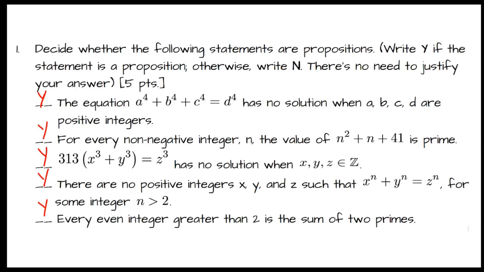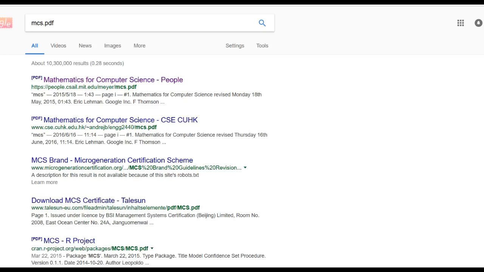Basically the source for this is another very good source for discrete mathematics. If you search mcs.pdf, you will be directed to this site, Mathematics for Computer Science at MIT CSAIL.